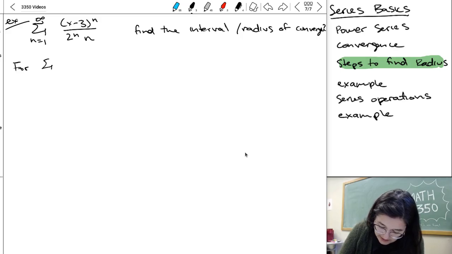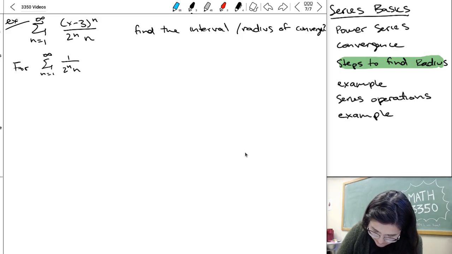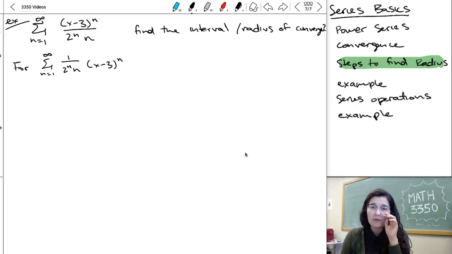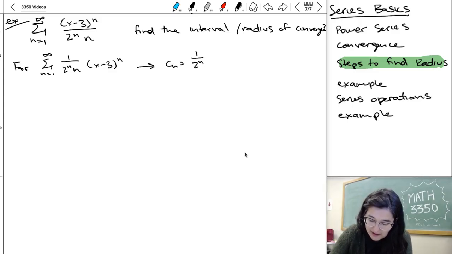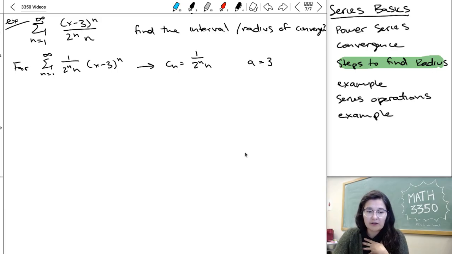So for this particular sum, we can just represent it in a way that really highlights where our c and a are. Our c sub n are that 1 over 2 to the n times n, and our a is that 3. So I'll start with the ratio test, and then I'll highlight when that ratio of c's kind of pops out.